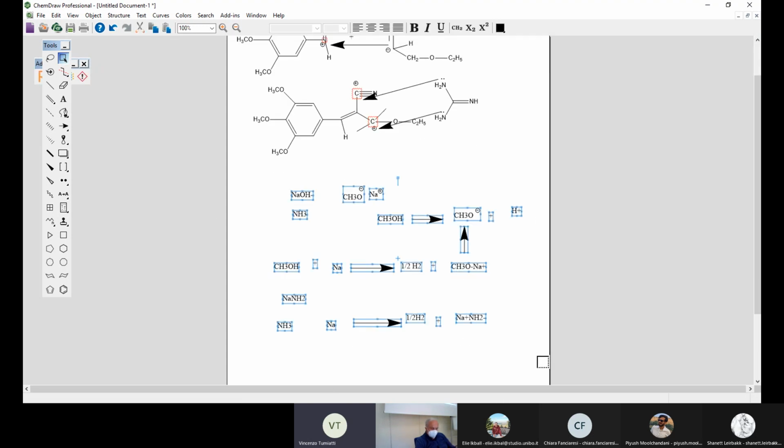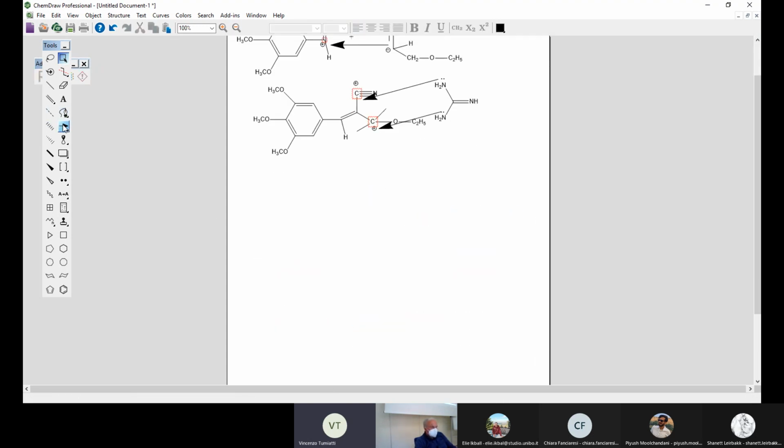So the last step is this one. We have the formation of the trimethoprim, thanks to the aromatization of the system.